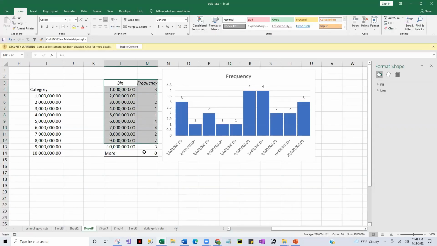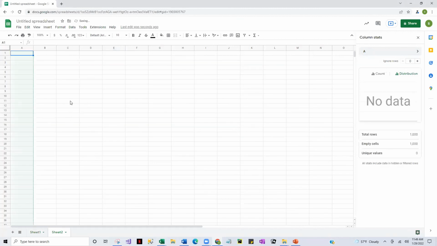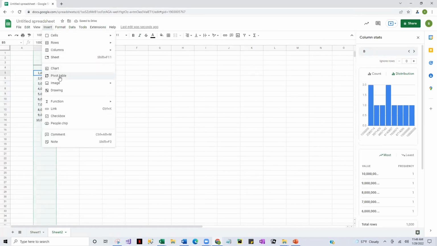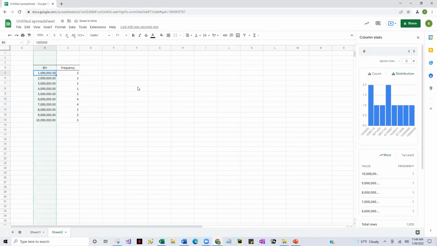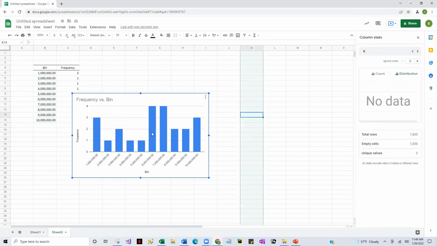I'm going to take this frequency here in Google Sheets, and I'm going to draw the chart. Insert, chart, the frequency gain. So it's here. It created a chart, frequency versus gain. And here, I'm not sure how to edit it.